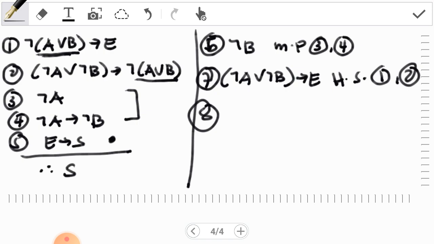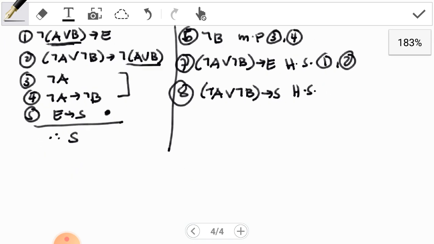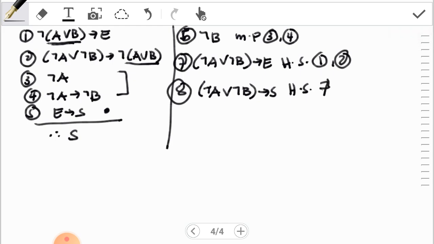P implies Q, Q implies R, therefore P implies R. So what do we get? This should now be not A or not B implies S. Using hypothetical syllogism this time of line number 7 and line number 5.